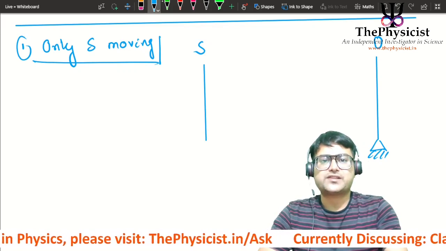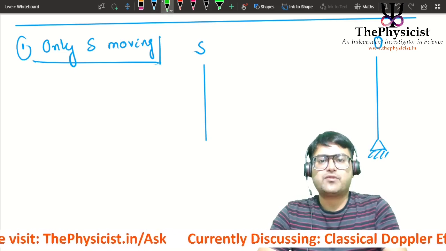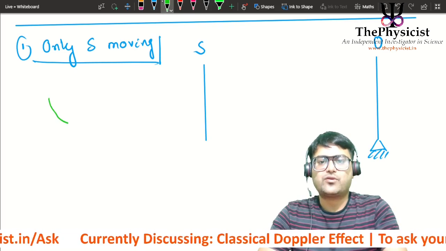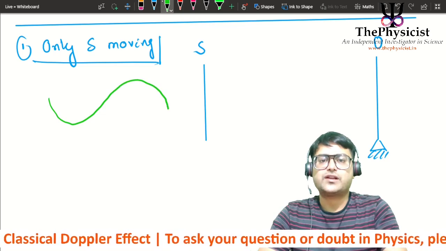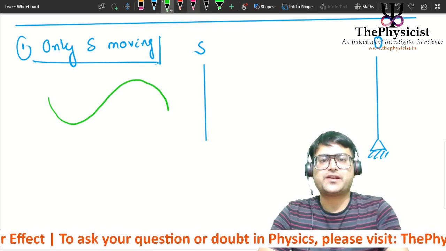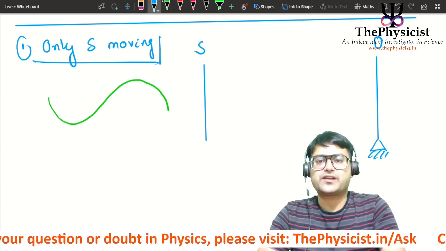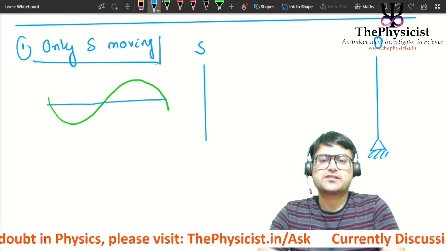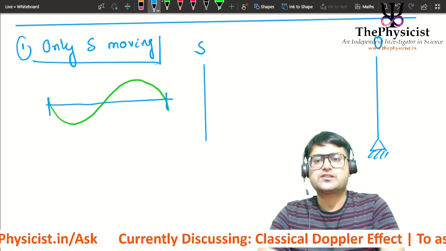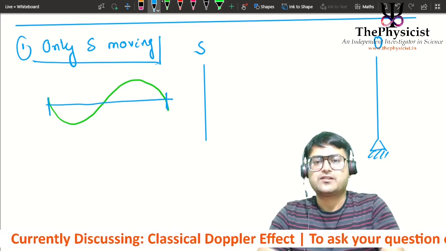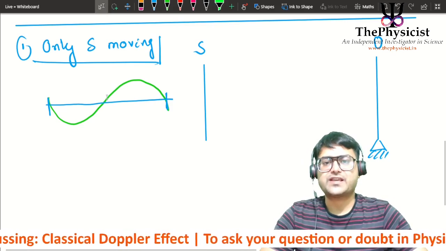Now understand. Let's suppose there is a wave which is about to be created, and let's say this is the wavelength. The distance between these two ends is simply lambda. Now, if this is the case, let's see.